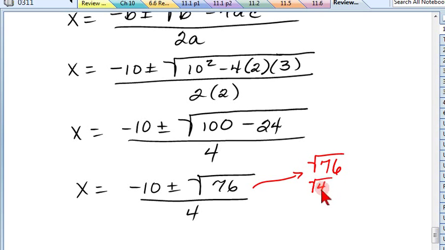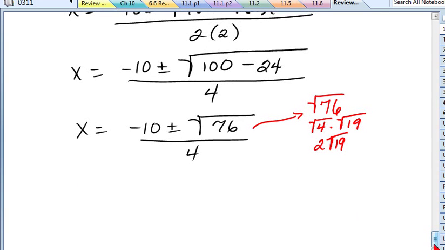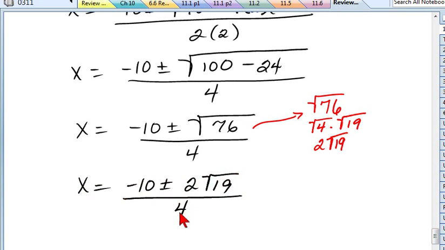So it is the square root of 4 times the square root of 19, which is 2 times the square root of 19. x is equal to -10 plus or minus 2 times the square root of 19 over 4.